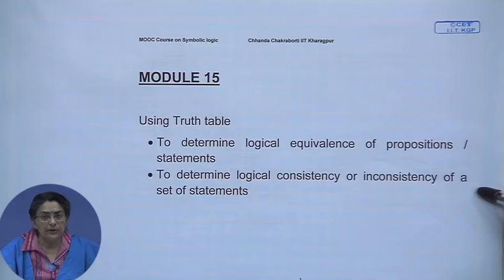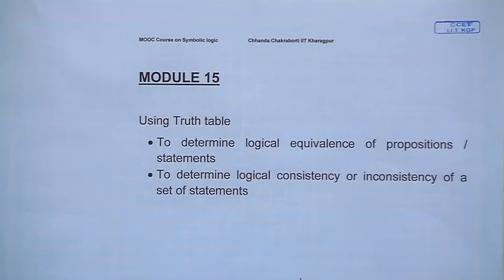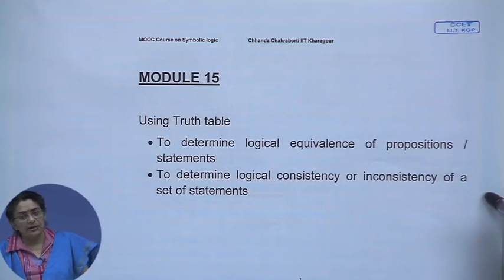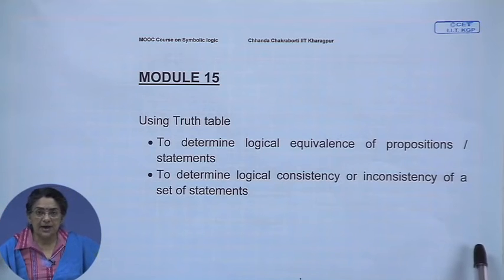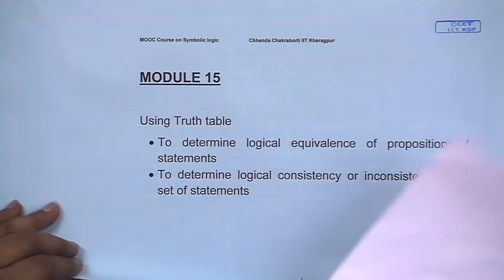And then we have already learned a little bit about consistency and inconsistency. So, given a set of statements, can the truth table tell us whether the set is consistent or inconsistent? This is our task at hand for today, and we are going to use the truth table for doing this.